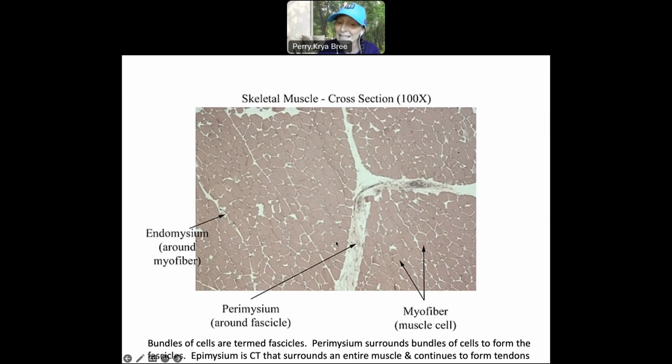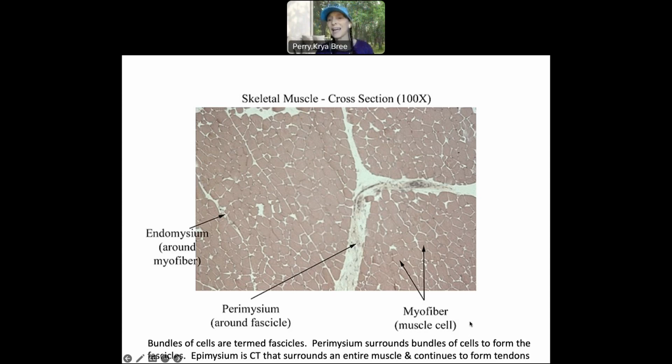And you can see inside that fascicle are all of the skeletal muscle cells, or you can call them muscle fibers, or you can call them myofibers. So myofiber equals muscle cell equals muscle fiber.